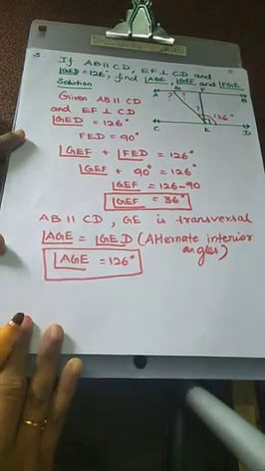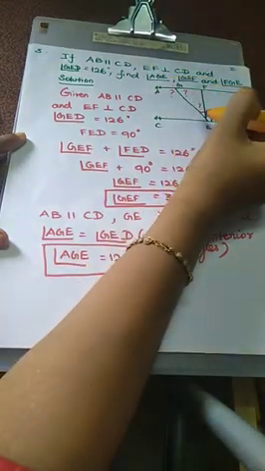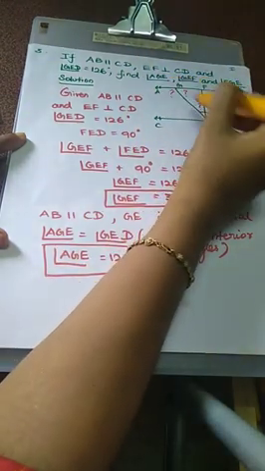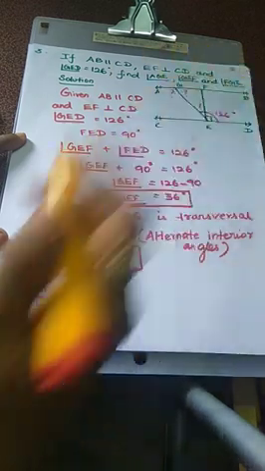Okay. Next we have to apply the linear pair condition. AGE plus FGE, actually this is a linear pair. Using the linear pair we have to calculate this value.